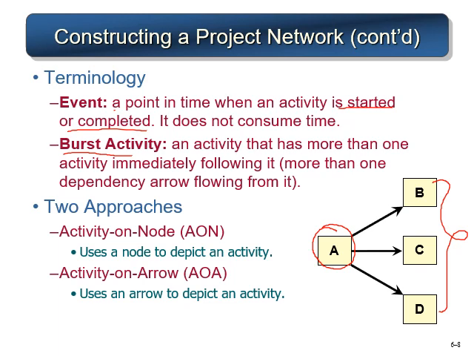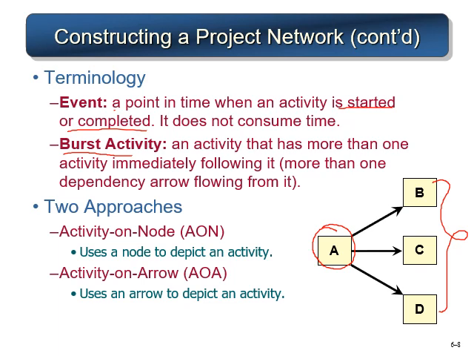Now in this diagram, these boxes are called nodes, and we have arrows connecting these nodes. Over here the activities are shown in the nodes, so it is called AON, activity on node. We could have drawn it in a different way.